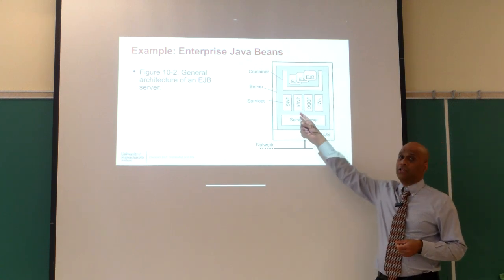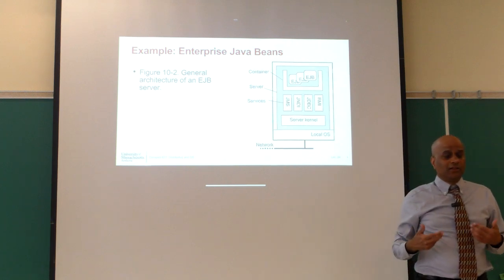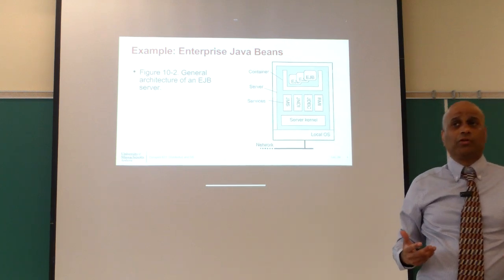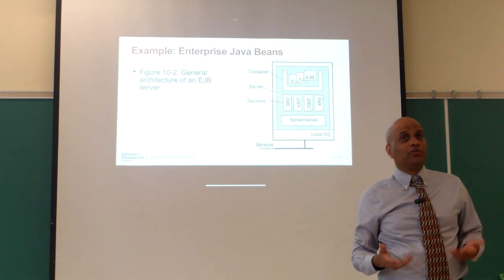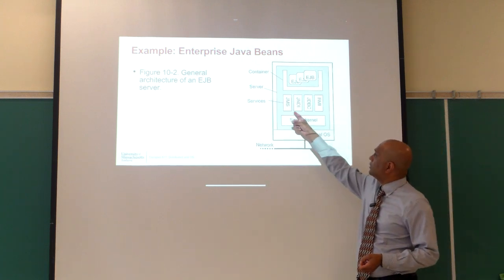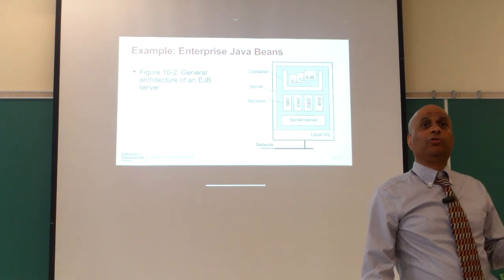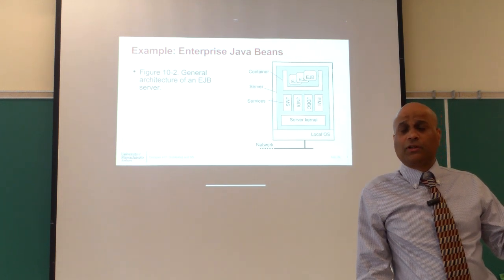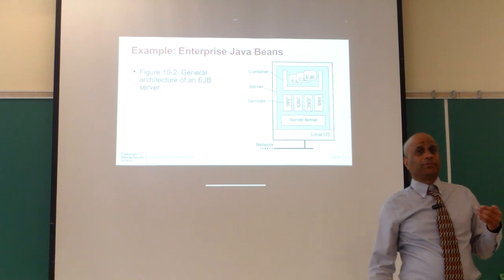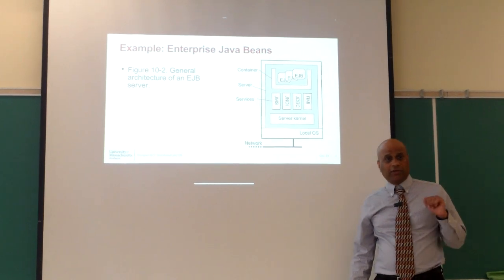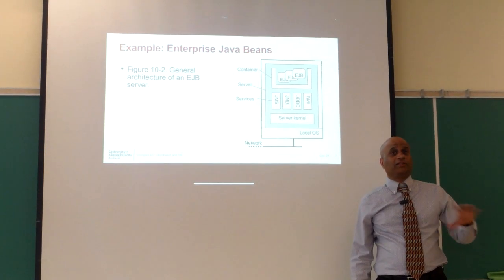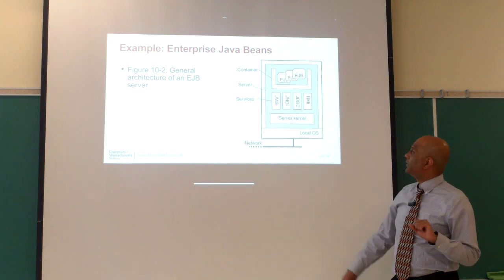Java also provides additional services that allow these enterprise applications to communicate with other components. There's one called JMS, the Java Messaging Service, that allows you to build publish-subscribe based applications, which we are going to talk about as well today, or send persistent messages to other applications.